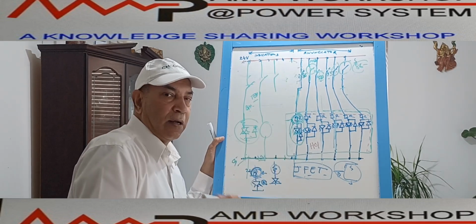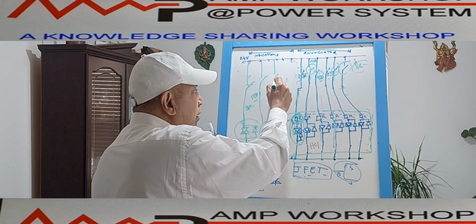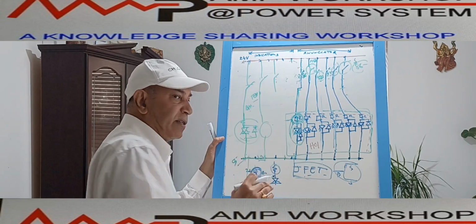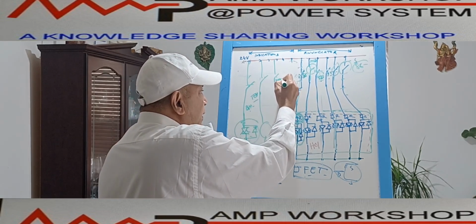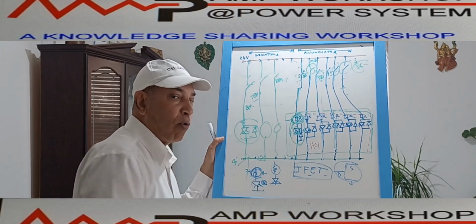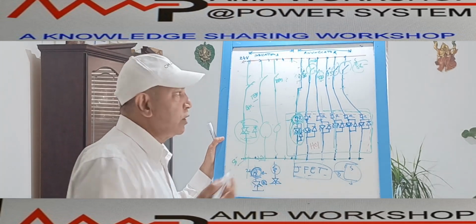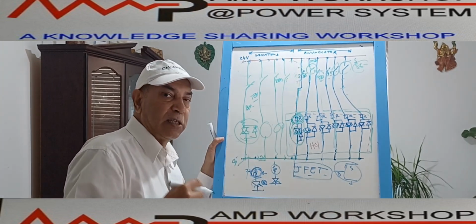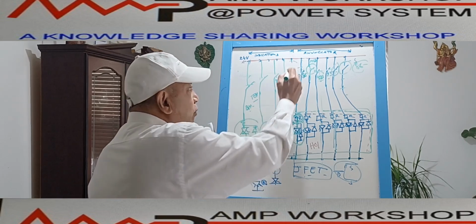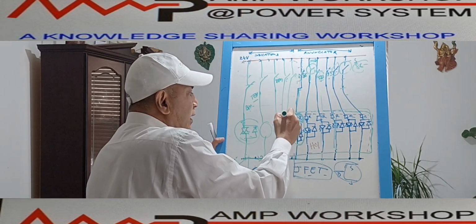If we use a low level Buchholz, then the Buchholz will give the alarm. If the temperature is not at trip level but alarm level, then we can get a temperature alarm. That is also another indication. Similarly, oil level. Suppose the oil level is low. So for oil level low, we can get an alarm over here in this way. And if the oil level is very, very low, then it goes to trip, and we can get another indication.